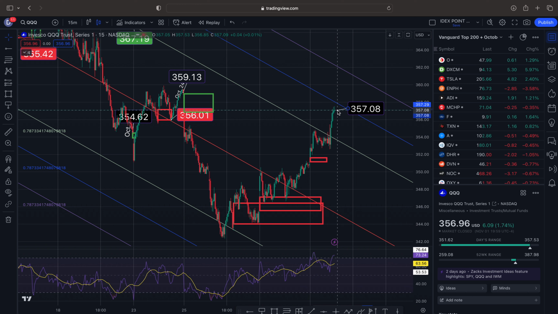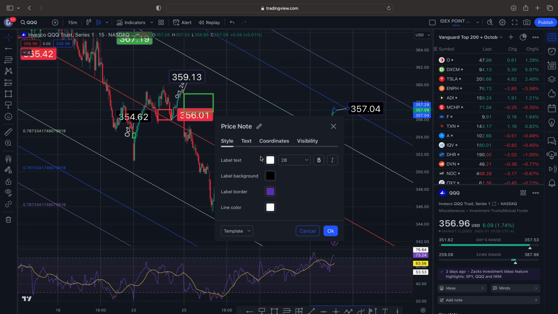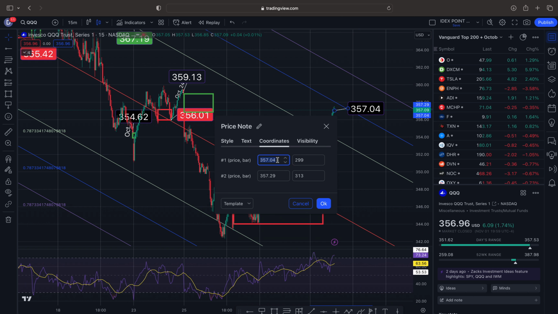Oops. Try that again. If you don't know how to change the coordinates, 56.96.